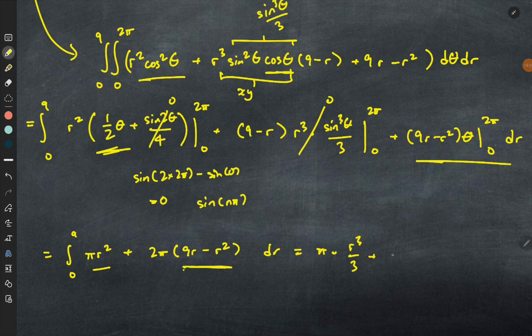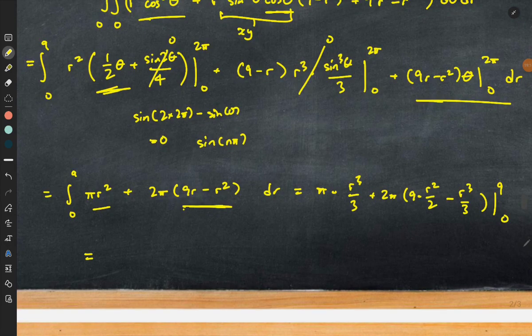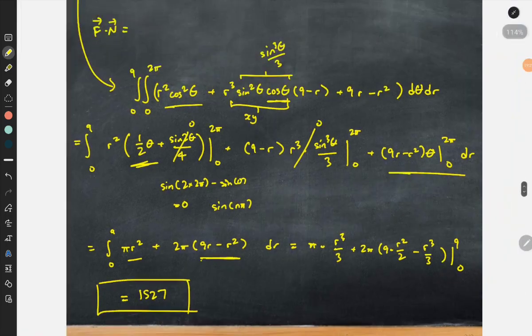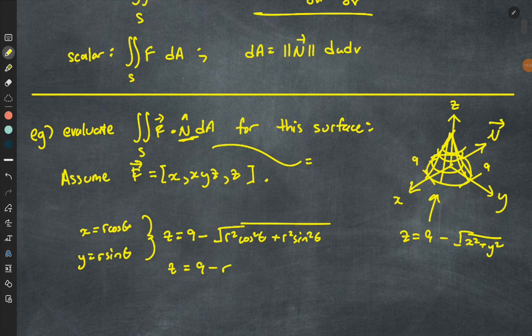This term becomes, let's keep the 2 pi out, 9 times r squared divided by 2 minus r cubed divided by 3. And obviously we're still going from 0 to 9. What this works out to be just happens to be 15 to 7. So that's the answer to the first example right here.